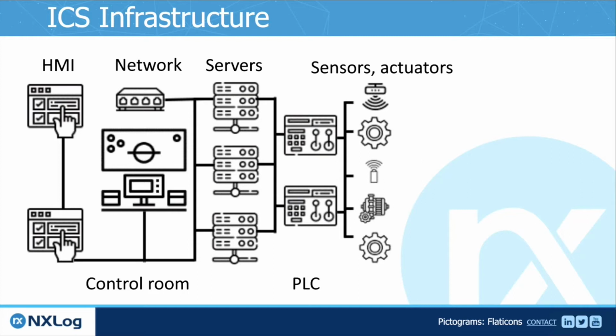But let's step back for a while. Let's consider a typical elements that we can find in ICS infrastructure. Of course, if we compare the complexity and the diversity in comparison to typical IT infrastructure, we can see that this segmentation here is much larger.